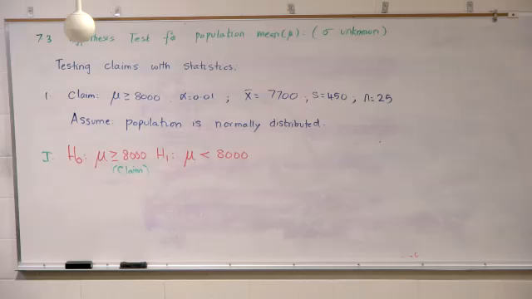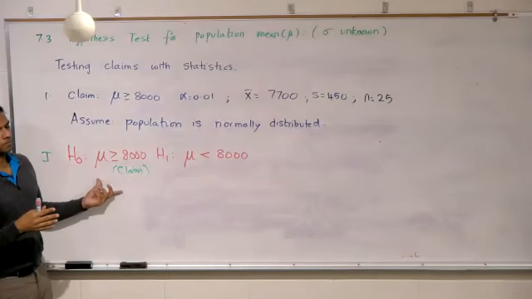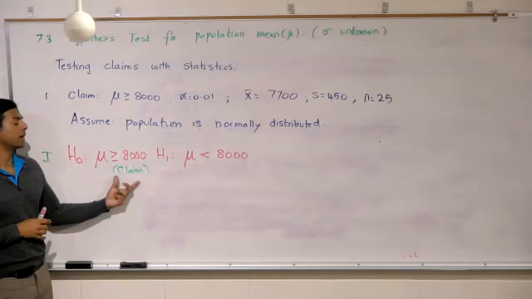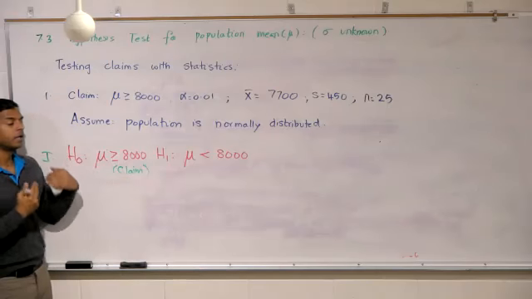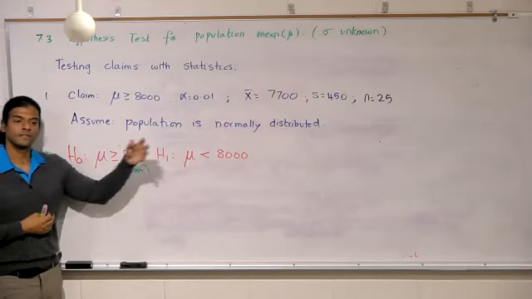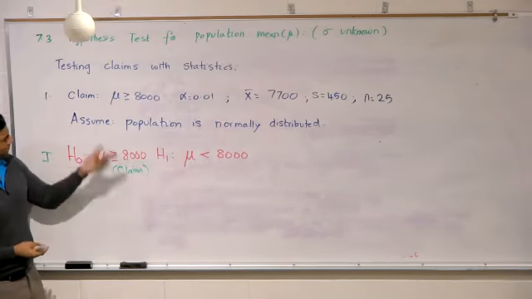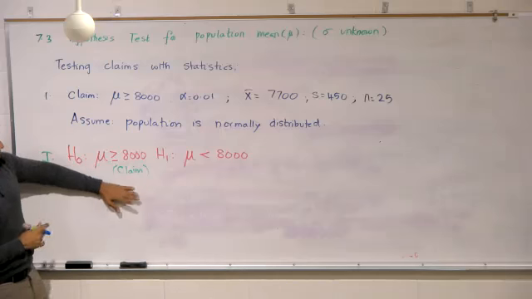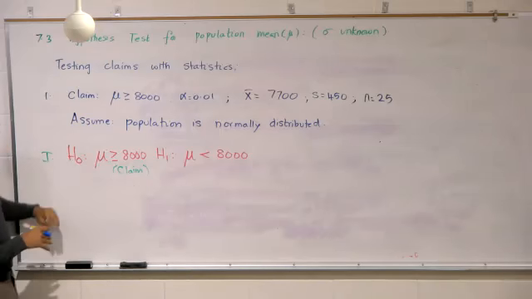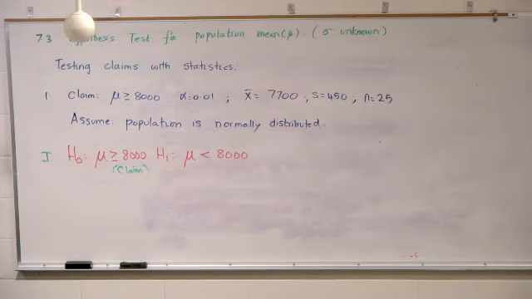And as I mentioned last time and the time before, this is pretty unusual in practice where we have the claim in the null. We always test for the alternative, but some do it this way, but it's highly uncommon.